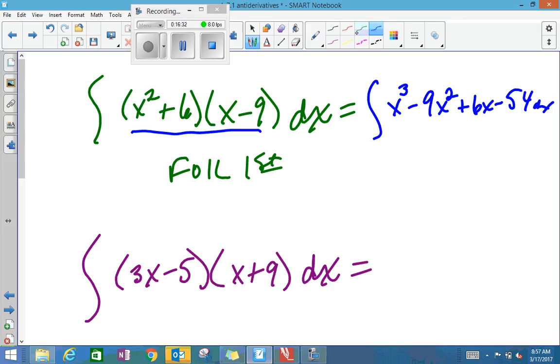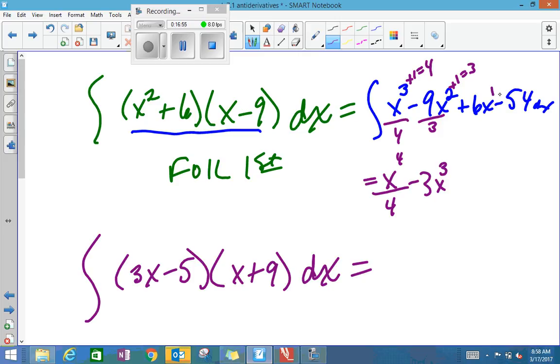So we apply the rule to each one. So we add 1, we get 4, divide by 4. So our first term is x to the 4th over 4. Here we add 1, we get 3, we divide by 3, so we get negative 3x to the third.